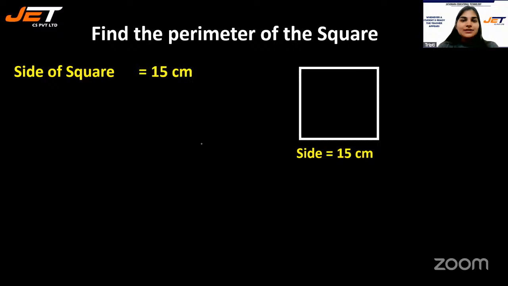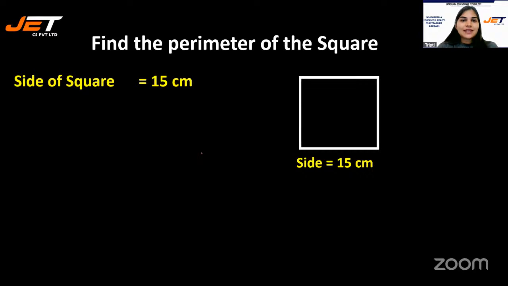Next one, side of square is 15 centimeters. So what you will do to find the perimeter of the square? You will simply do times 4.